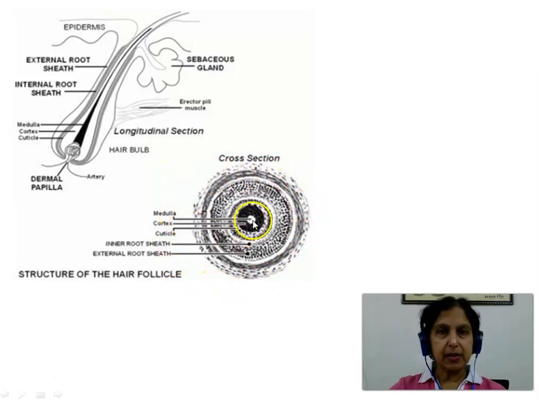In the center we see the hair with its three parts: the medulla, the cortex, and the cuticle, and outer to that we see the wall of the hair follicle showing the inner root sheath, the outer root sheath, and the outermost dermal connective tissue sheath. So three parts of the hair and three parts of the hair follicle is what we see in this picture.